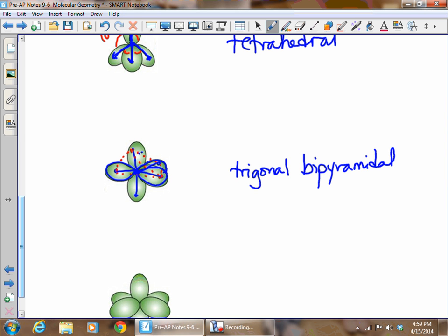The ones around the middle that are perpendicular to the other 2 are called the equatorial positions. The equatorial positions are the ones around the center. Then the top and bottom ones are called the axial positions. Those terms will be important here in a little bit.